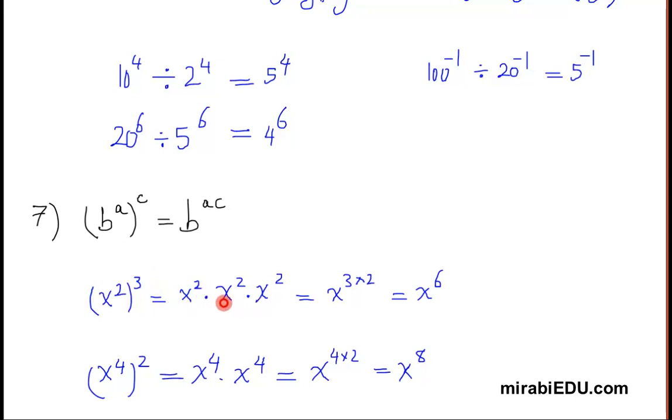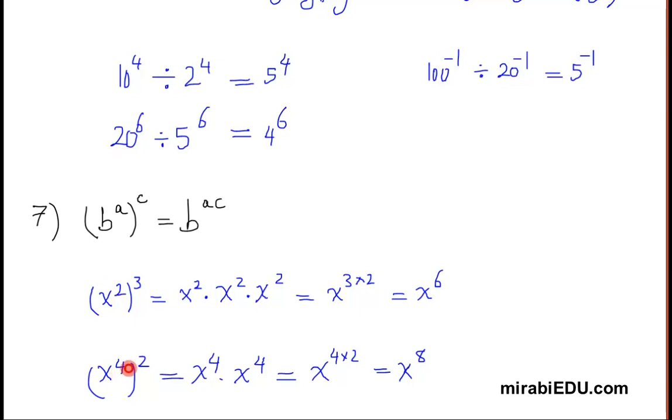So x squared times x squared times x squared. We have the same bases and we need to add the powers. So 3 times 2 is 6. That's why we can multiply these powers by each other.